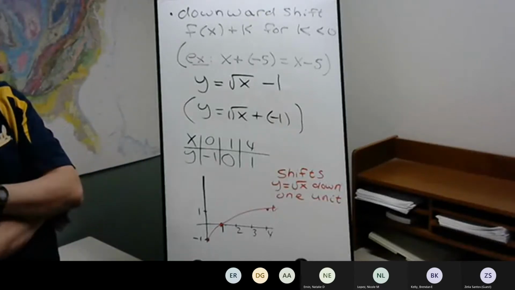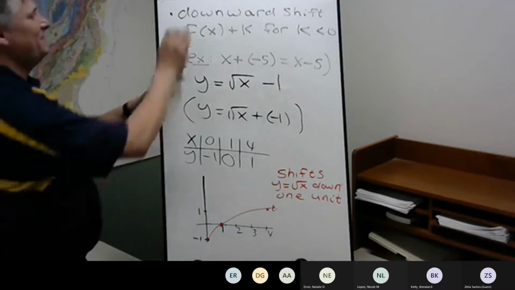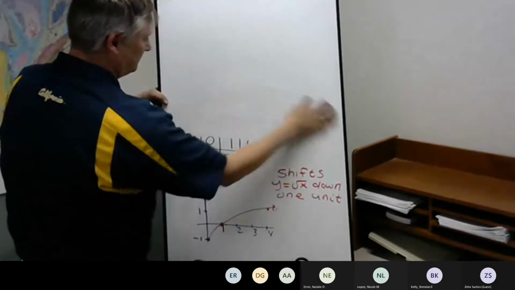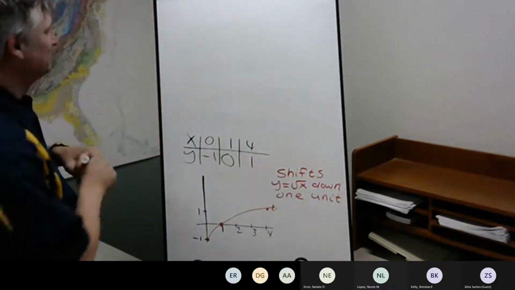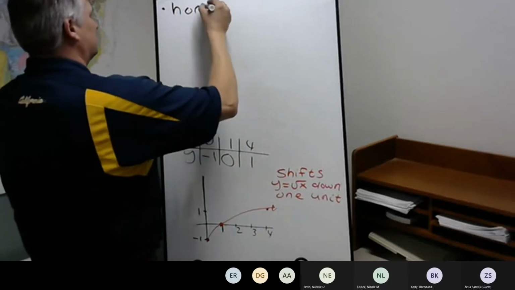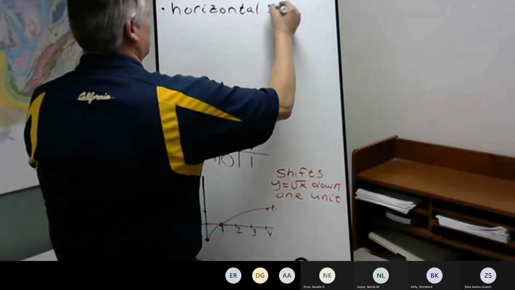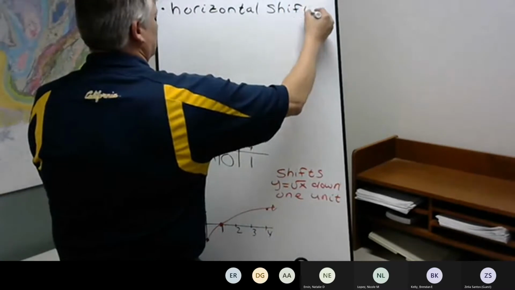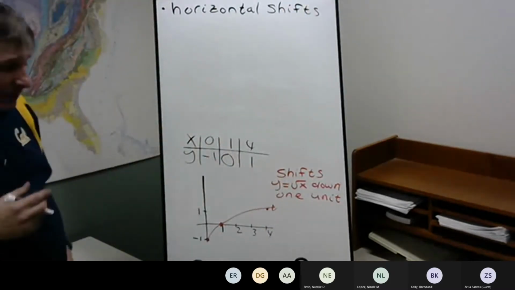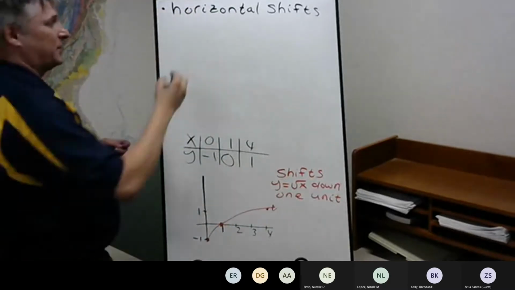All right. So now let's take a look at horizontal shifts. So what's going to happen with these? Well, we can have a rightward shift.